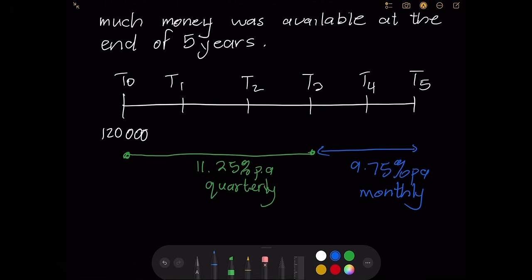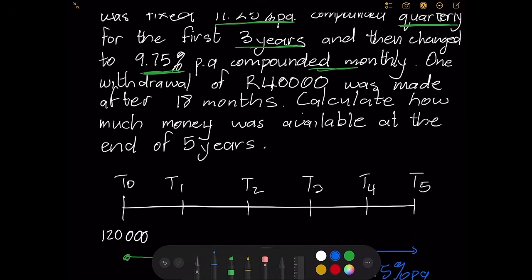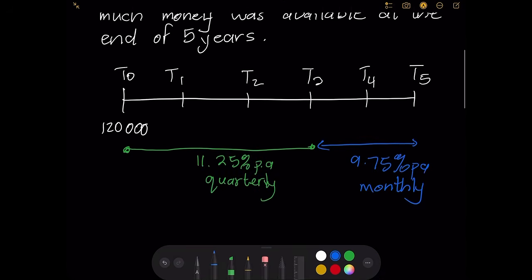So we want to find out what would be the return that we would get in this case for the 120,000. However, we do also note that there was a withdrawal that was made. And remember, it was made at 18 months. That's 1.5 of a year. So in this case, we made a withdrawal.